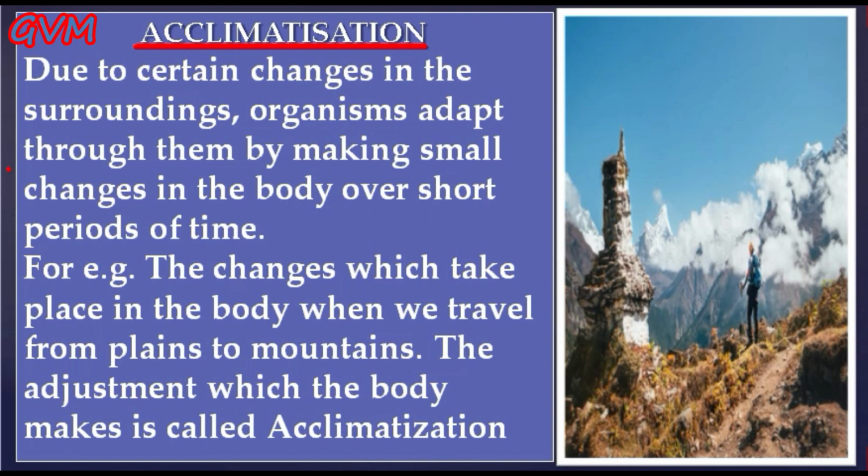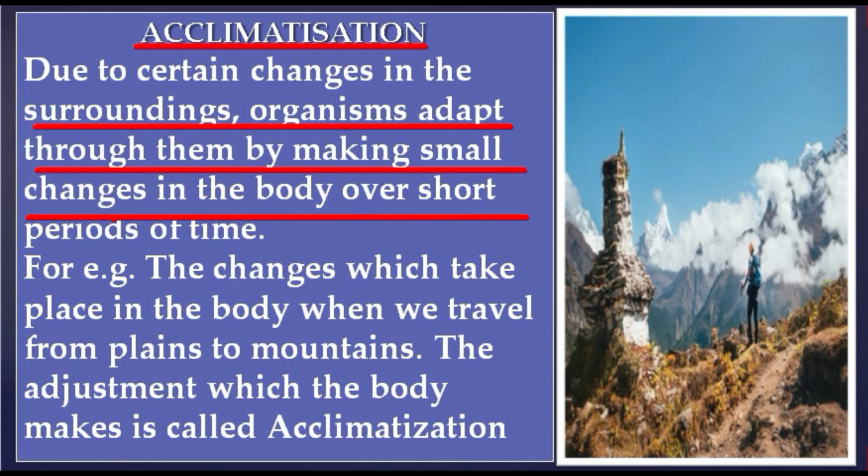And students, under this process, the organisms adapt themselves by making small changes in the body over a short period of time. For example, the changes that we generally observe in our body when we travel from plains to mountains. And the changes that we observe in ourselves are called acclimatization.